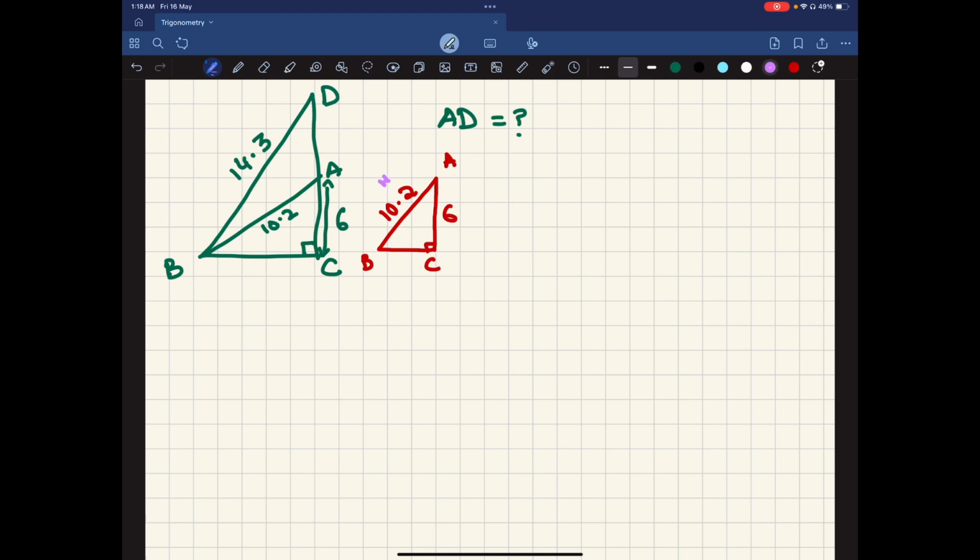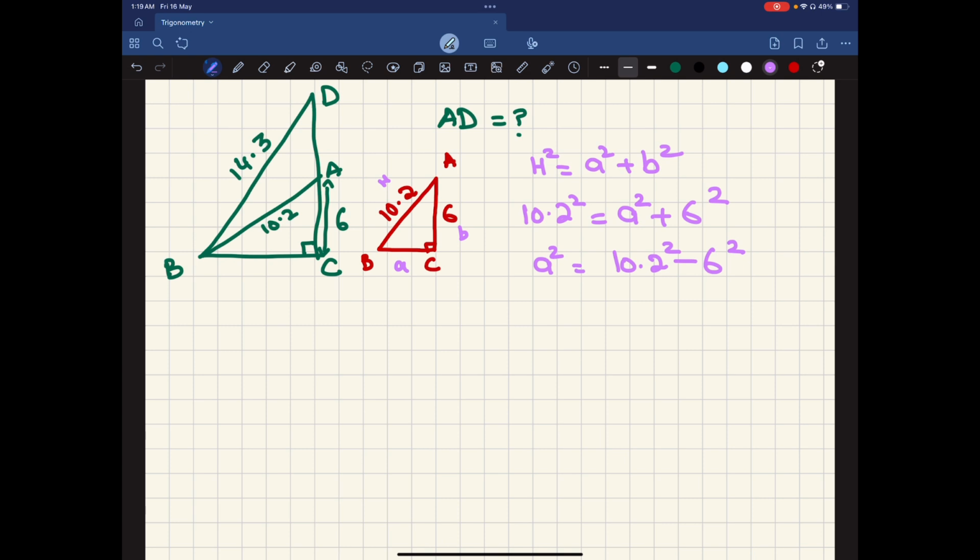Okay, so let's label the sides. This is the hypotenuse, and for Pythagoras, you just need to know which is the longest side. So H squared is equal to A squared plus B squared. H is 10.2 squared, A squared plus 6 squared. So A squared is going to be 10.2 squared minus 6 squared. What is the value? Let me find.